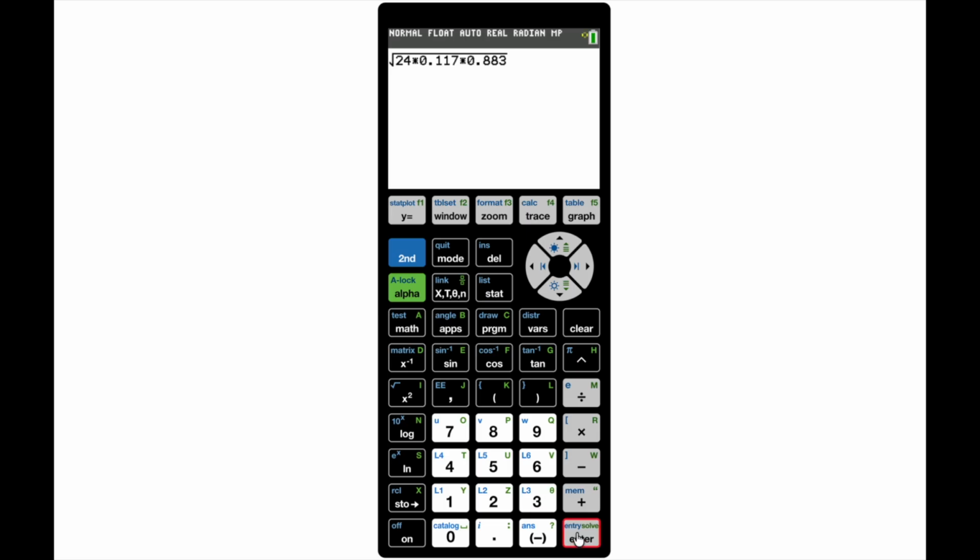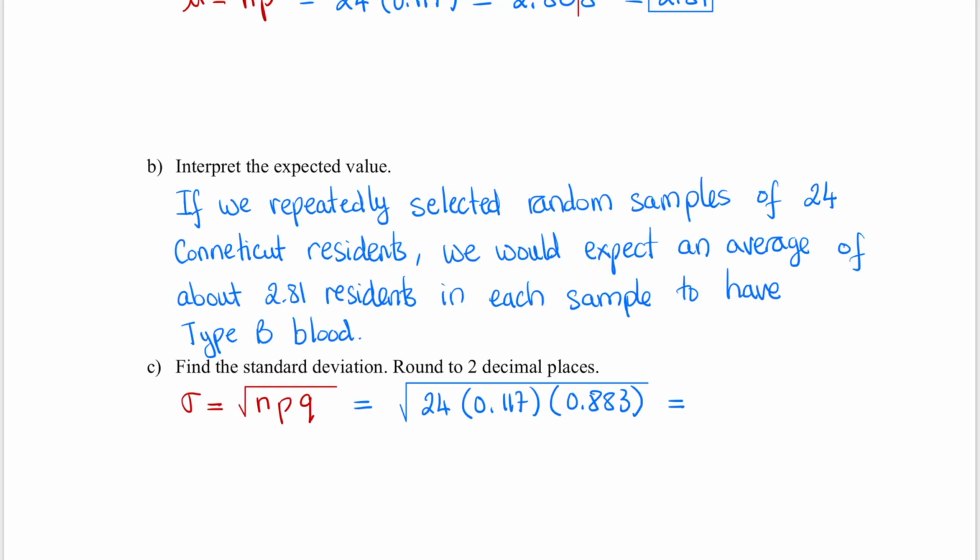And then press enter. This is the answer. And the question is asking for 2 decimal places. So we need to round it to 2 decimal places. So the answer is 1.57.